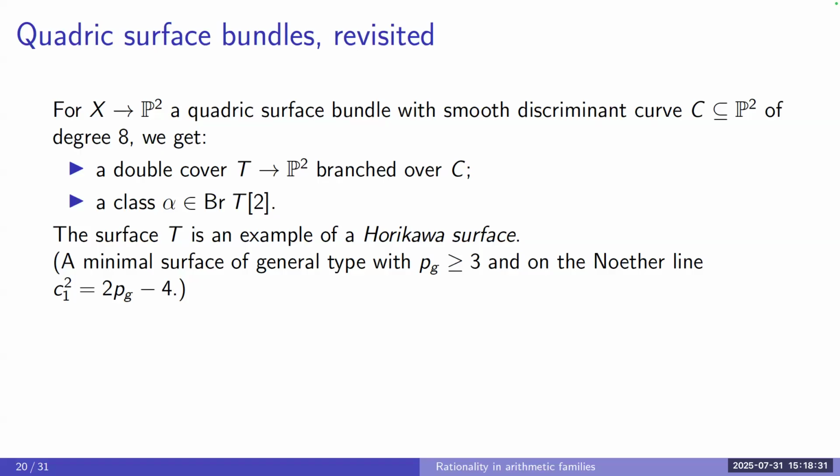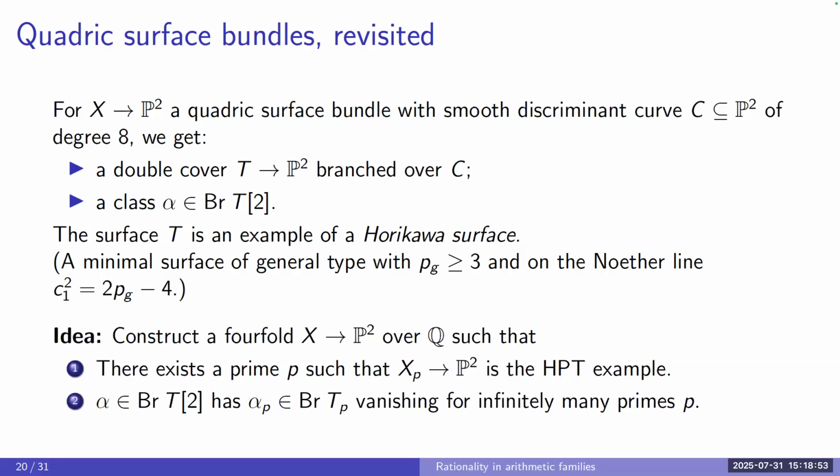In the classification of surfaces, these are minimal surfaces of general type with geometric genus at least 3 and lying on the Noether line. That's the definition of a Horikawa surface, and this double cover satisfies that. I think of them as barely general type surfaces.